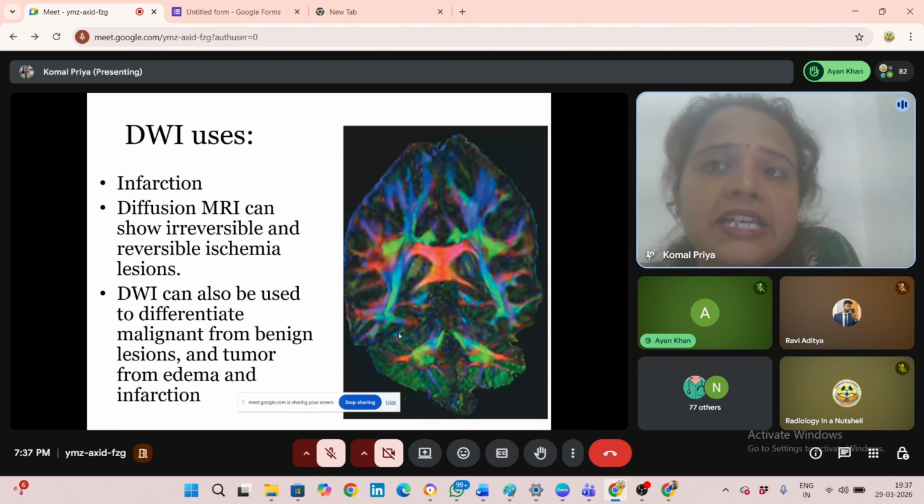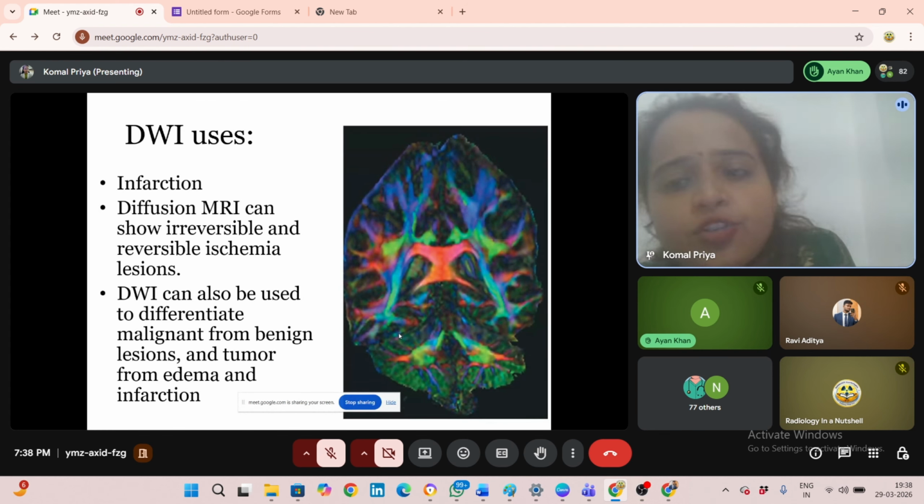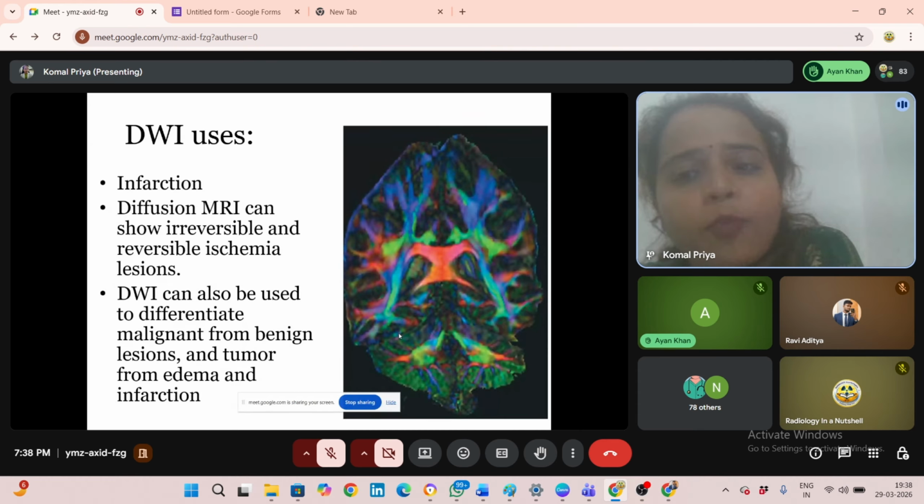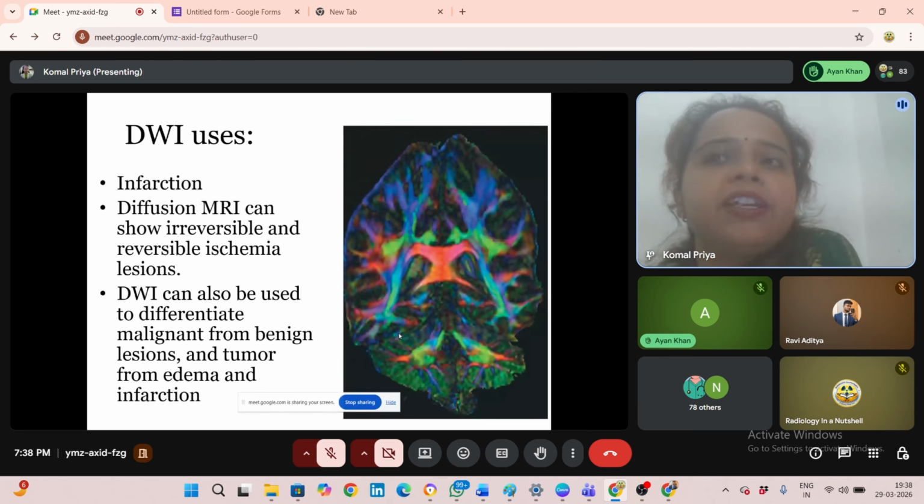When we generate ADC for this image, for each voxel of the tissue a value will be generated depending on the intensity you are seeing in the image. The damaged areas will appear darker in the ADC map, and the areas appearing normal will have brighter ADC. So this is what happens in diffusion weighted imaging.